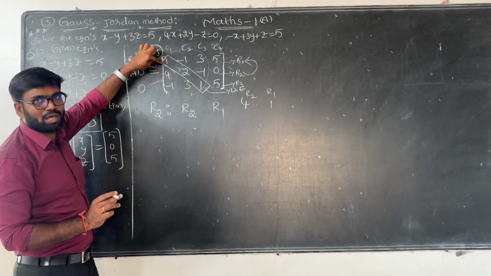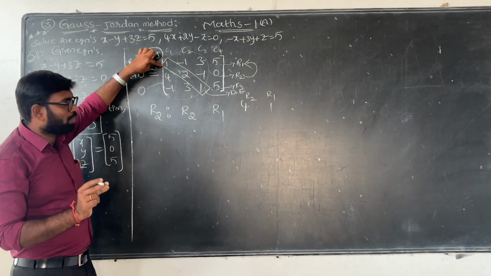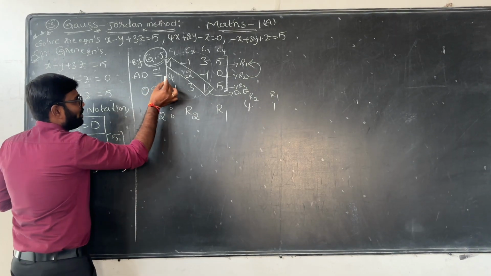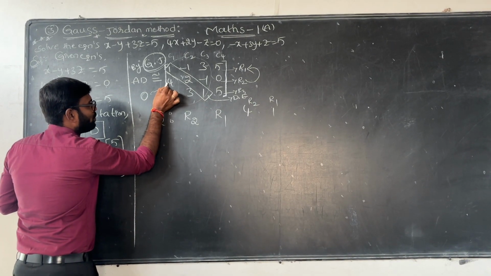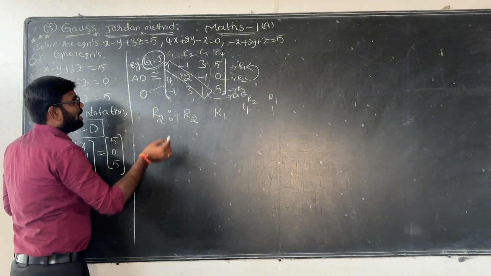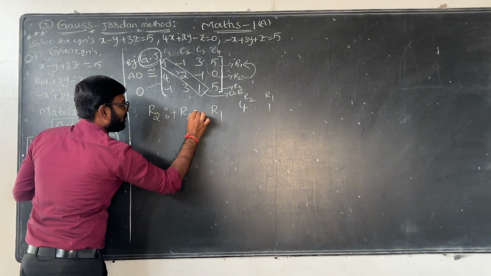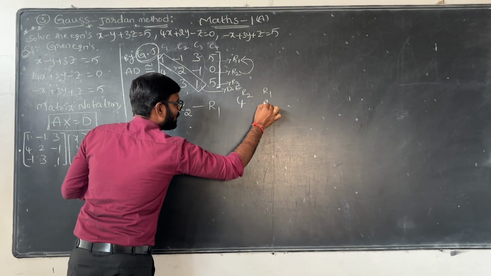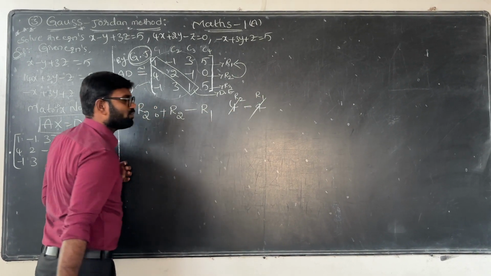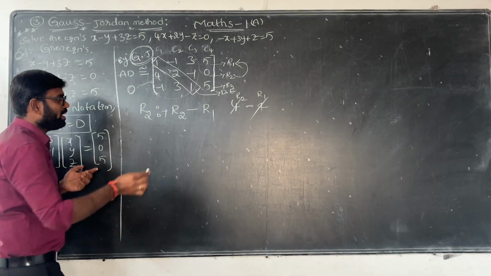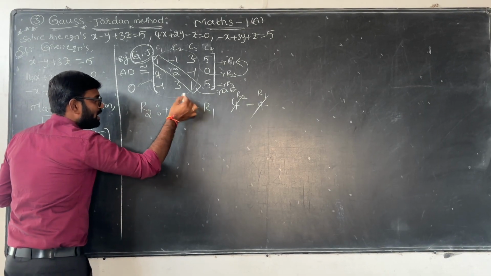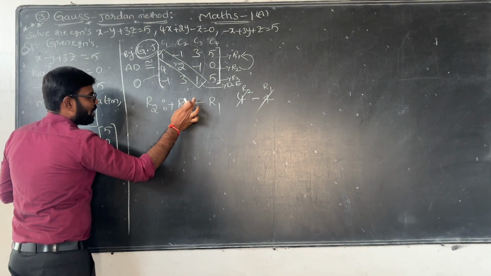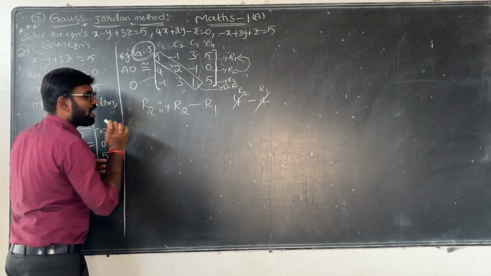What is the sign of the R2 element? Plus. Next, we want the opposite sign for the R1 element. Since R2 has plus 4, we take minus for the R1 row.